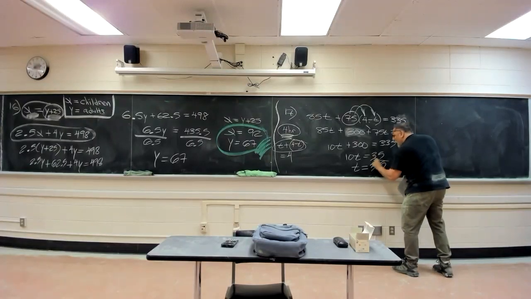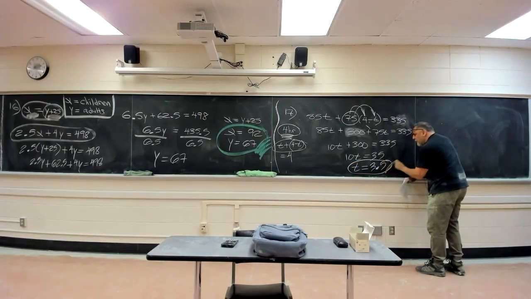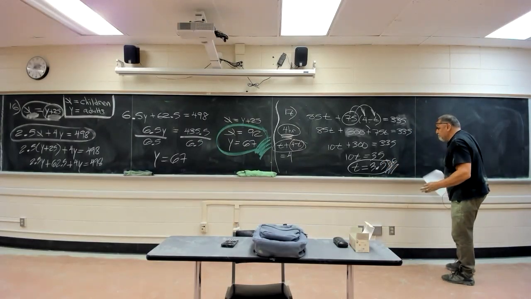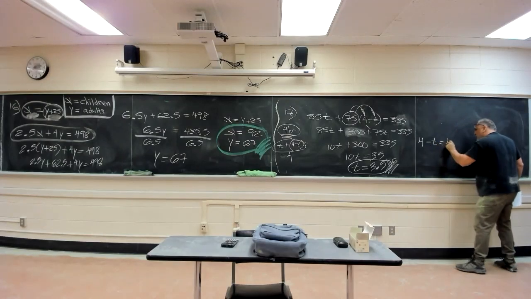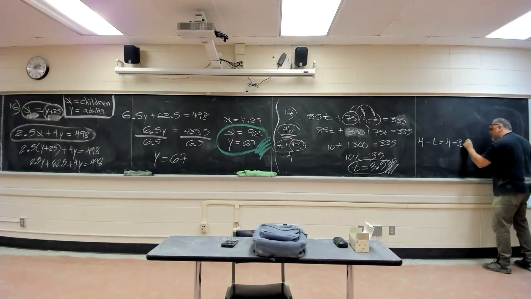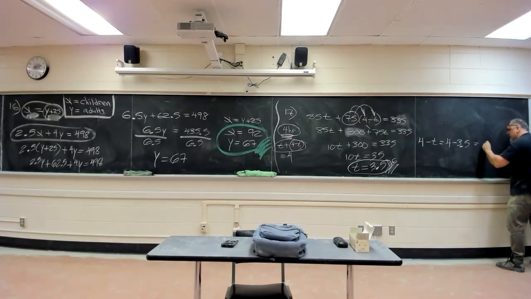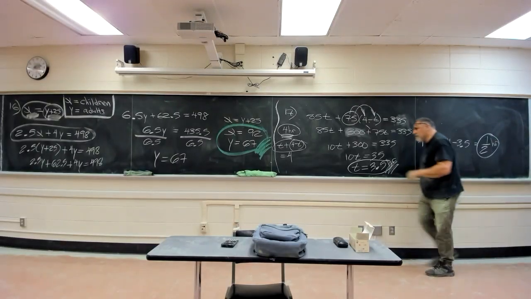If it's a 4-hour trip, 3.5 hours were without a rainstorm. But 4 minus t, 4 minus 3.5, the remaining portion, is 0.5, a half hour.